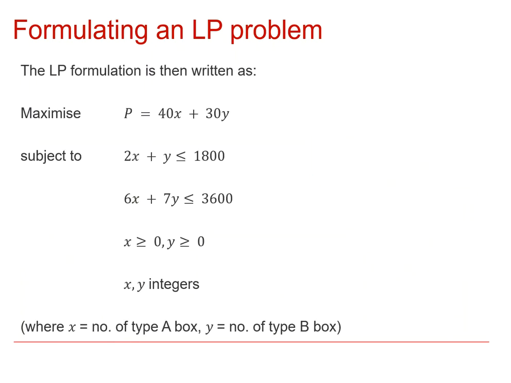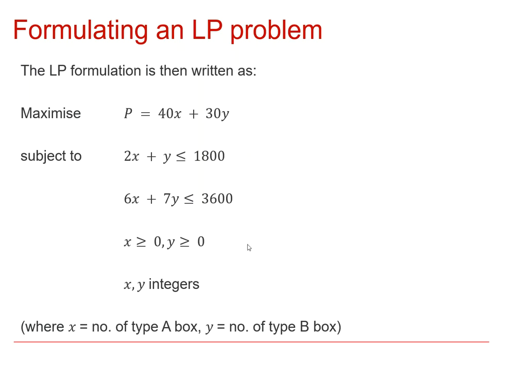So just to summarize that in a more tidy way now, the linear programming formulation for that is that we're going to maximize P, which is 40x plus 30y, subject to these constraints. So we have a constraint on the use of the 2 machines.